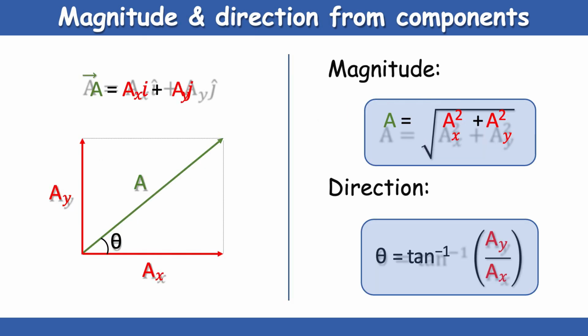And for the magnitude, A will be root over of Ax square plus Ay square. You see R is equal to root over of Rx square plus Ry square, and theta is equal to tan inverse of Ay by Ax, and there we determined alpha is equal to tan inverse of Ry by Rx.